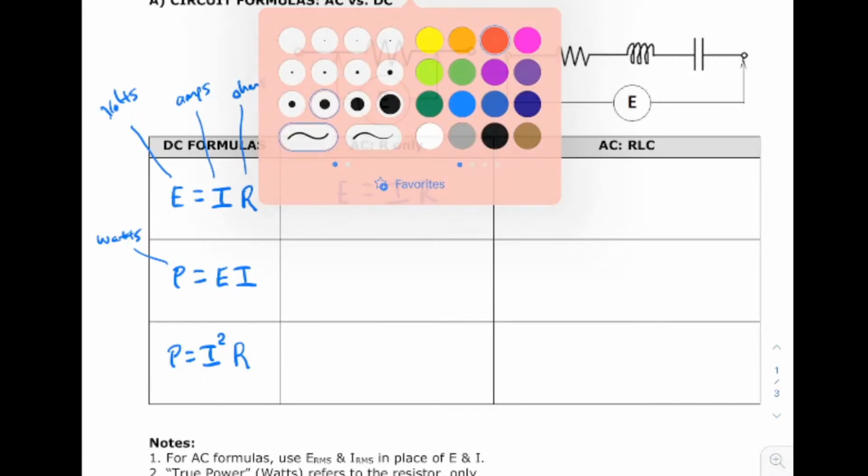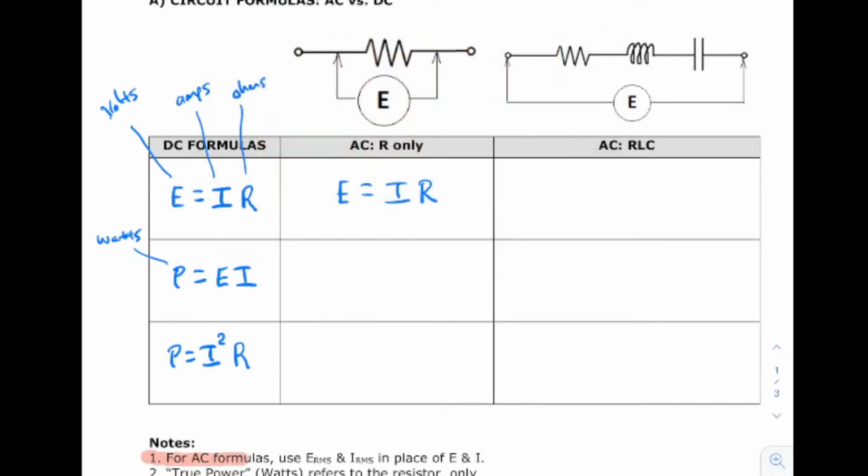For AC formulas, use ERMS and IRMS in place of E and I, okay? Big deal. So like I say, the formula looks exactly the same, but it's kind of different because we're just getting lazy and not writing RMS as our subscripts. If you believe me on that one, then maybe you'll believe me on this one too.